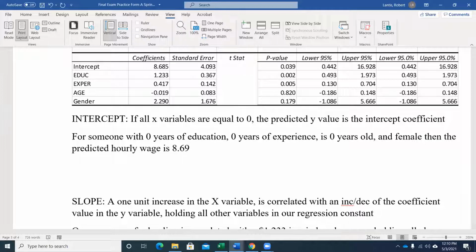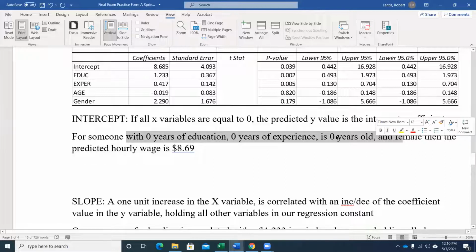If we round up, 69 cents. I really was very explicit here, but I would count as correct if you said if all the x variables in our regression are equal to 0, our predicted hourly wage is whatever that value is, in this case, 8.69.